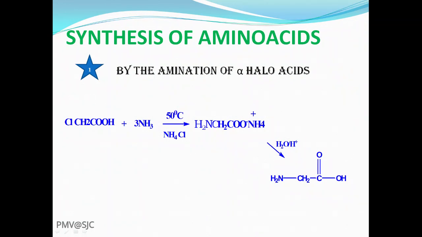The loss of ammonium chloride can be visualized in this process, which upon further hydrolysis gives us the amino acid. The second method, Strecker synthesis.